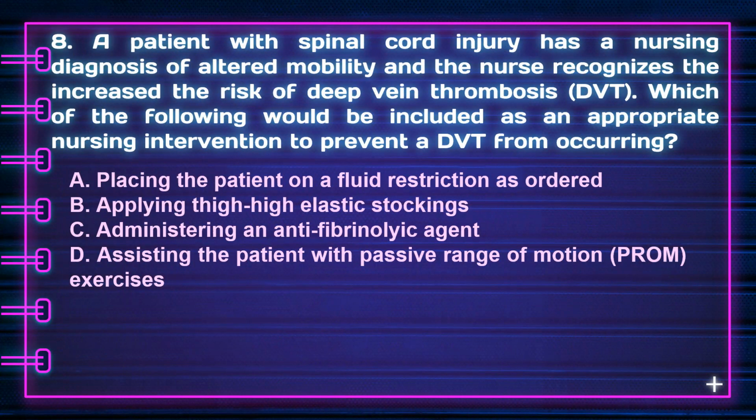And an antifibrinolytic agent can cause the blood to clot, which is absolutely contraindicated in this situation. And of course, passive range of motion is not an effective protection against development of DVT. So the best answer here is Bravo.